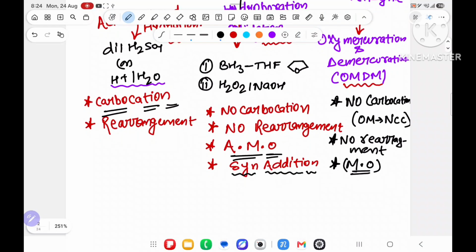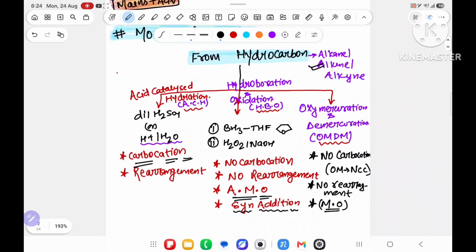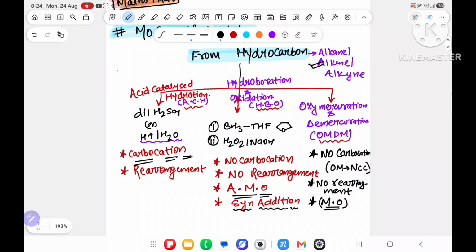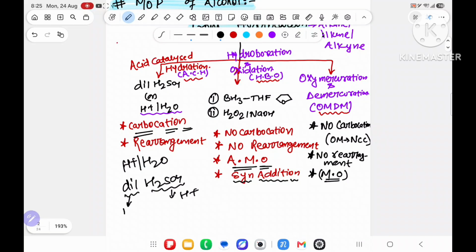Now over here, I am writing a flow chart, and after that I will dictate the question also. What I am trying to say is, first of all, in acid catalyzed hydration, what is the reagent you are using? H plus H2O, or dilute H2SO4. So H2SO4 is giving H plus, and dilute means water.